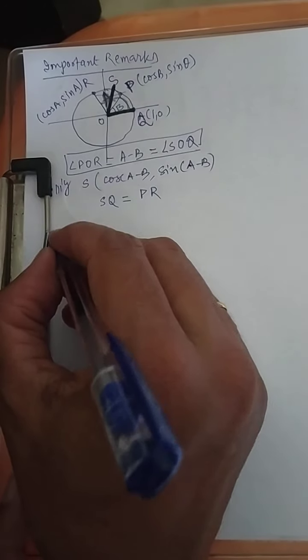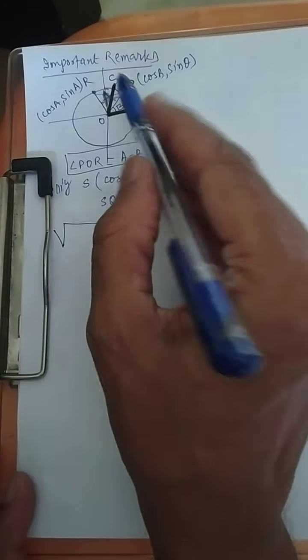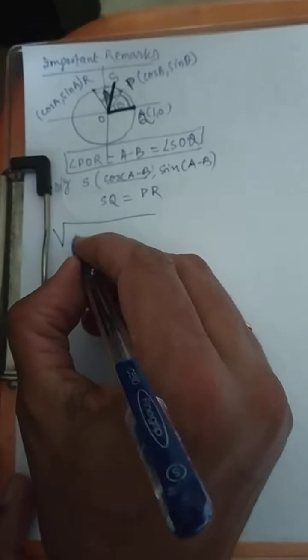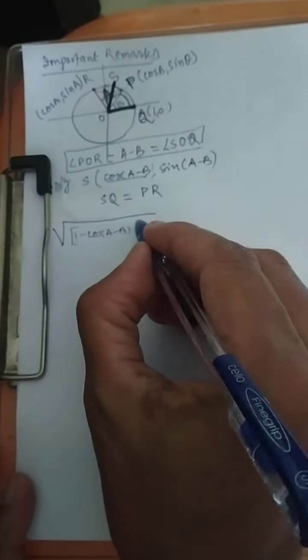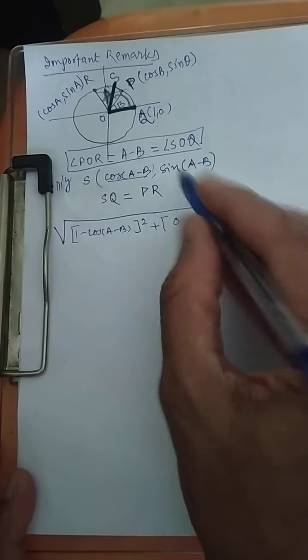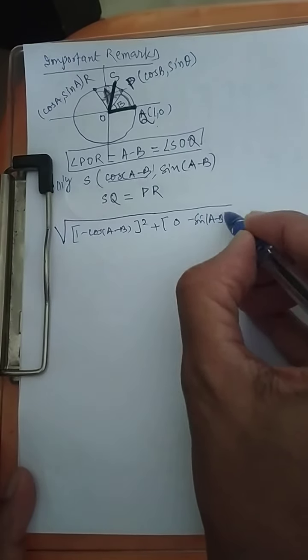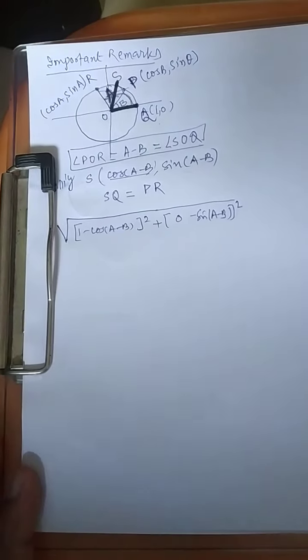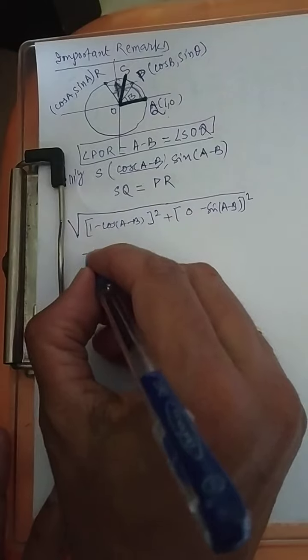SQ is nothing but the distance formula which I am using, between S and Q. The S coordinate I have written here. So it will be the square root of 1 minus cos of A minus B the whole square, plus, distance formula I am applying, 0 minus sin of A minus B the whole square. The value of SQ will be equal to PR.